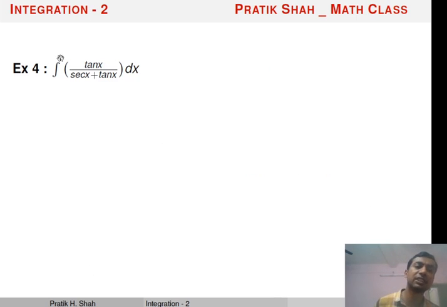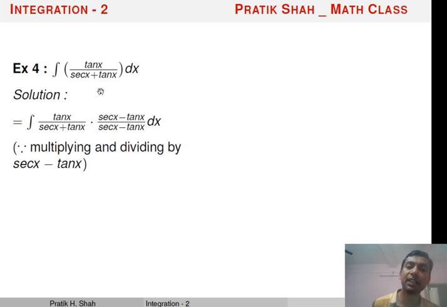Let's see another example. Integration of tan x upon sec x plus tan x. So you see that the denominator is sec x plus tan x. So we will first multiply and divide by its conjugate. So we get integration of tan x upon sec x plus tan x, into sec x minus tan x upon sec x minus tan x. In the numerator, as we know, we'll multiply tan x with both the terms.